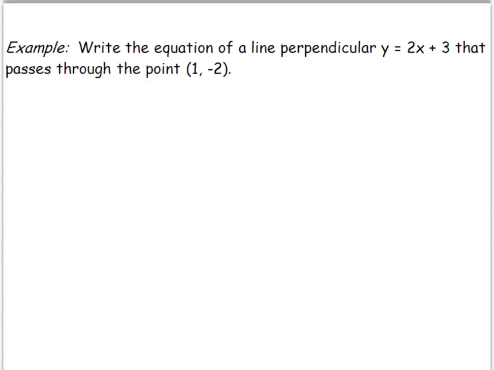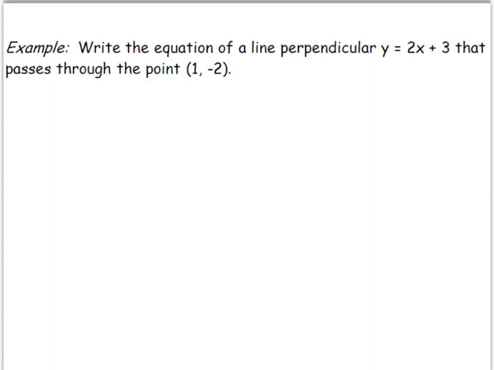All right, you guys, in this next example, it asks you to write the equation of a line that is perpendicular to y equals 2x plus 3, and it goes through the point (1, negative 2). There are a couple different things going on here. The first thing is that we're talking about lines that are perpendicular.